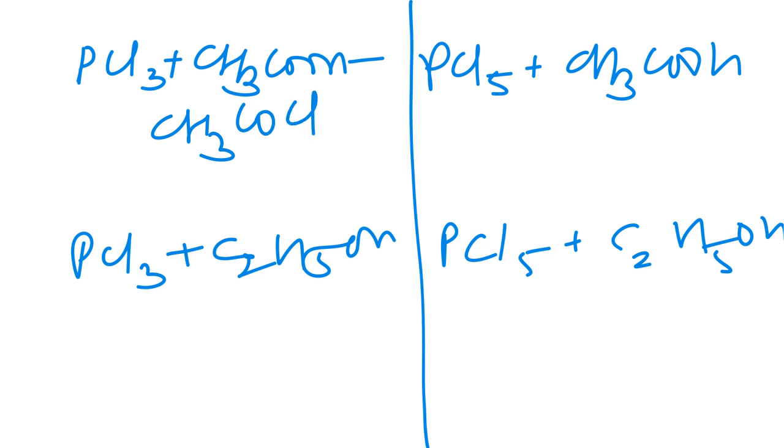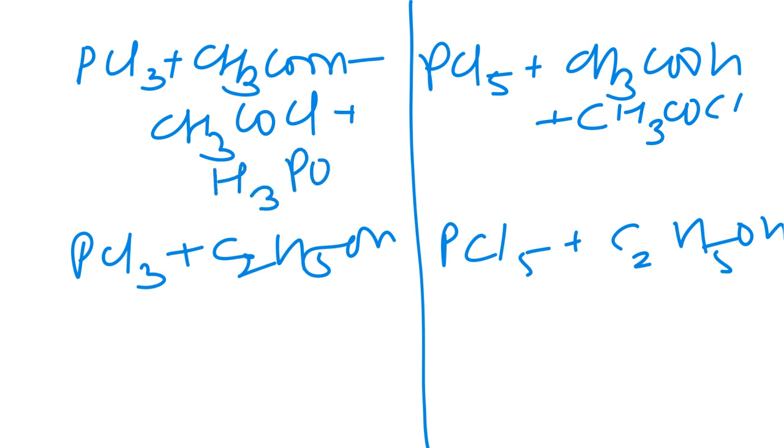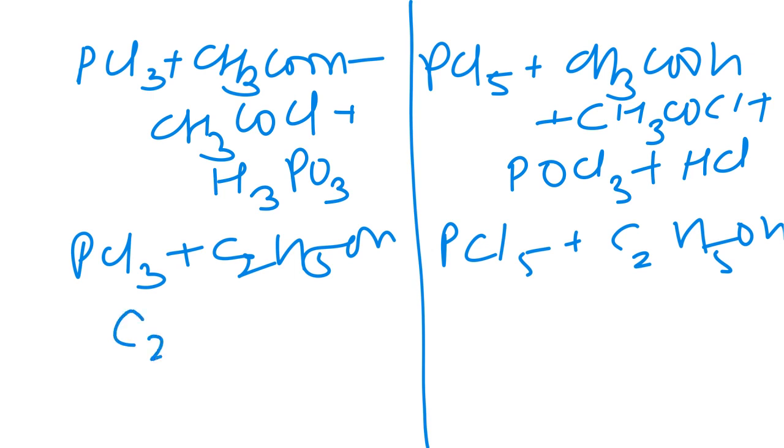Here also it will form acetyl chloride. Okay, but the other product is different, H3PO3. Here it forms POCl3 and HCl. Then with C2H5OH it forms C2H5Cl.